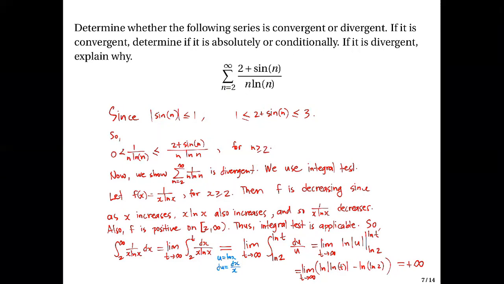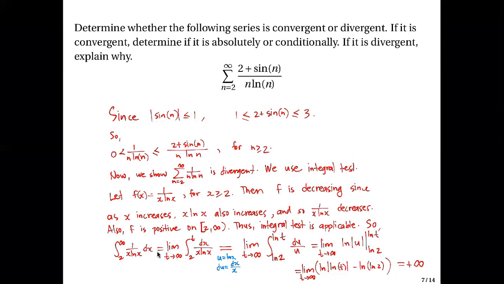And to show that this is divergent, we've done this a lot of times, we need to use the integral test. So, we show all the conditions to apply the integral test. We have the decreasing part and we have positivity.